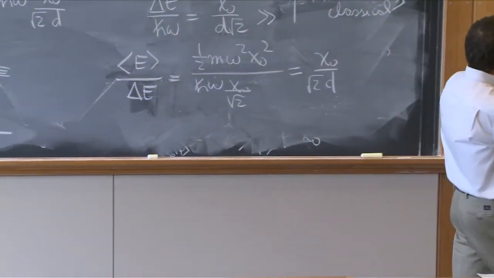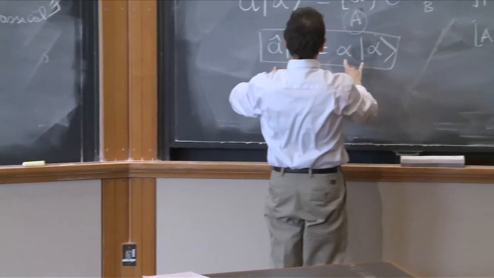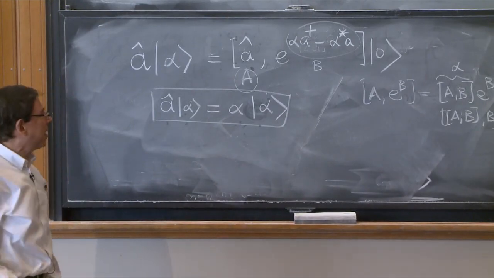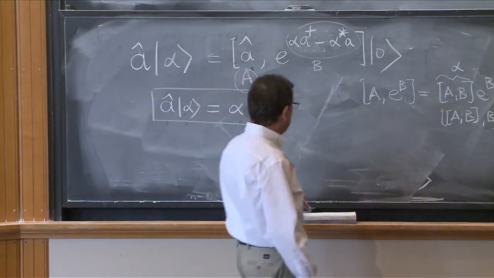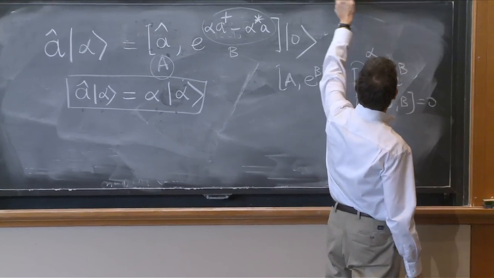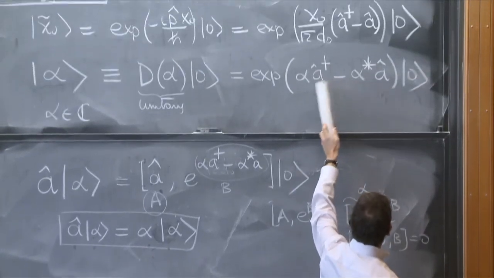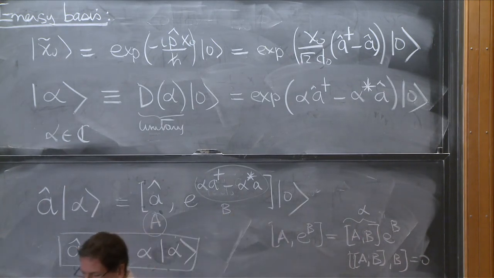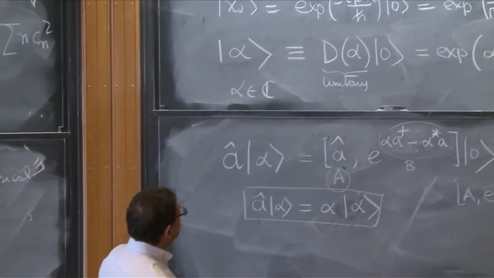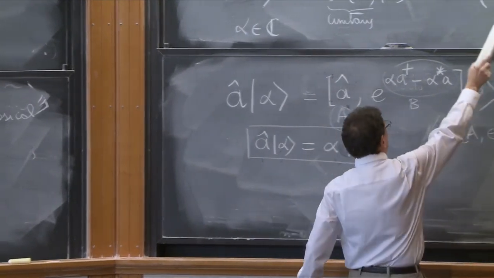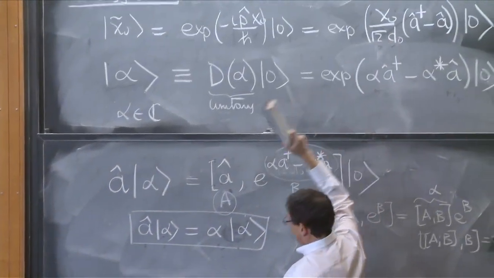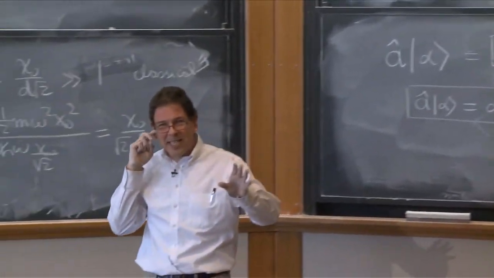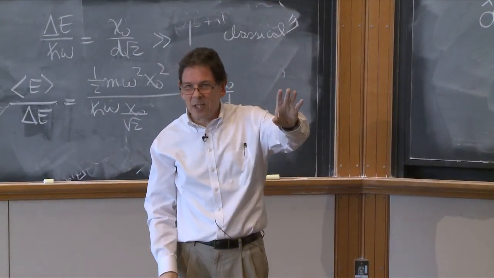So this characterizes the coherent state in a nice way. They're eigenstates of the destruction operator, and they're the most general exponentials of creation and annihilation operators acting on the vacuum. Now, we knew that when alpha is real, it has to do with x0. So we've put a complex alpha. What will it do?